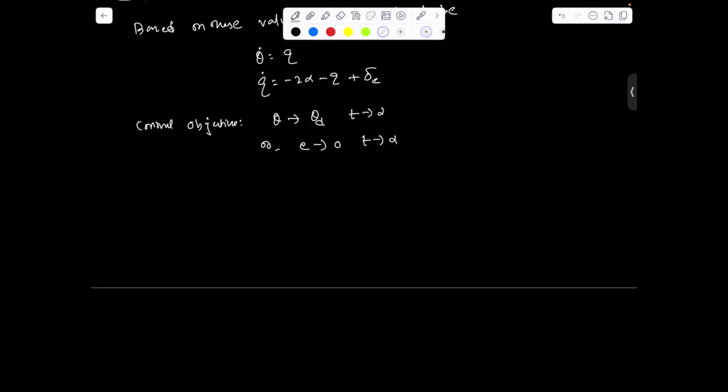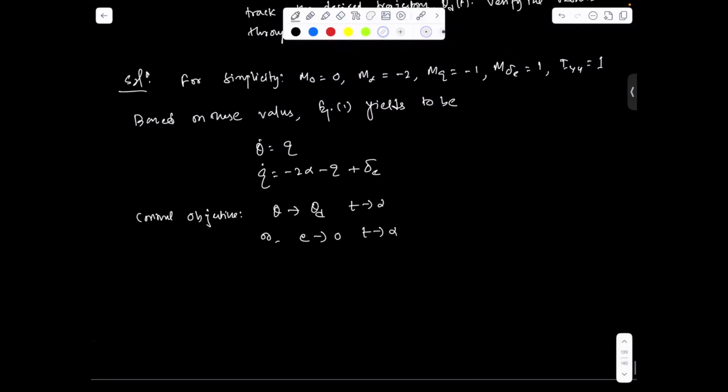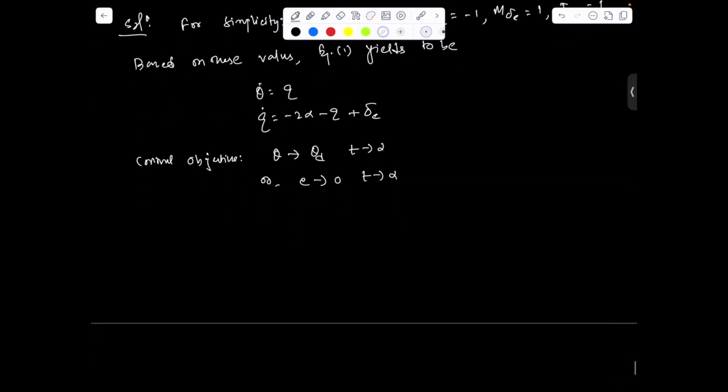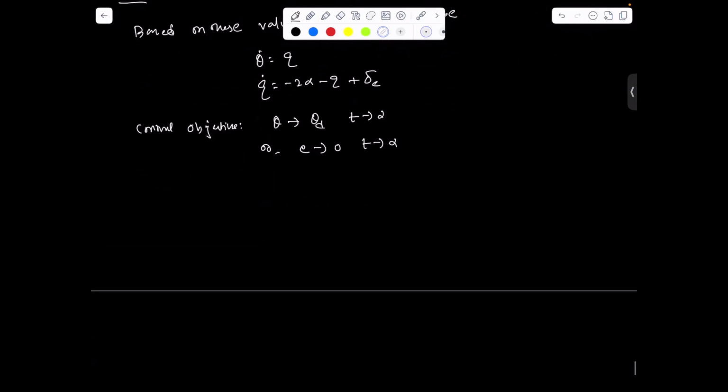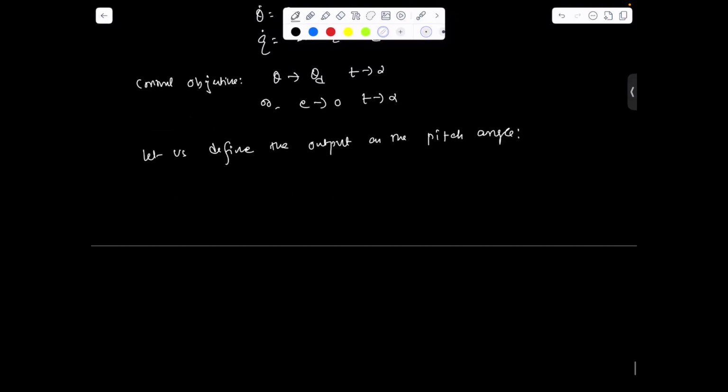Since we are going to control theta, we can assume the output of the system is theta. So let us define the output as the pitch angle, and we can write y equal to theta.